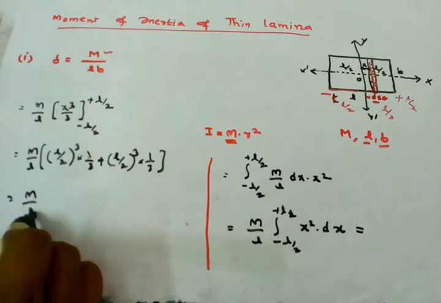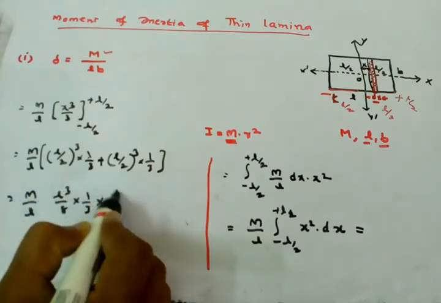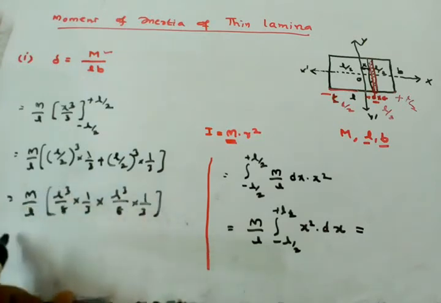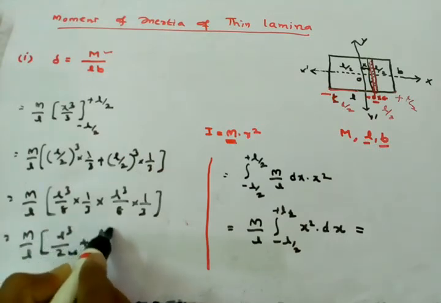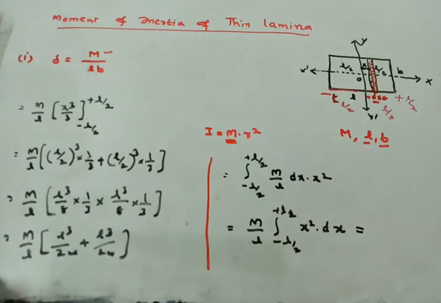We get M by L times L cube by 8 into 1 by 3 twice, which gives L cube by 24 plus L cube by 24. So finally you will get M L square by 12. This is the moment of inertia of the thin lamina.